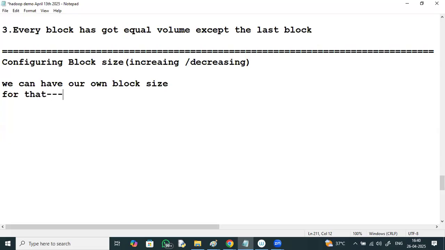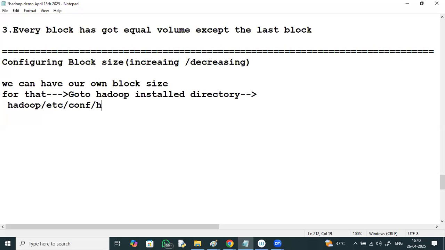For that, go to the Hadoop install directory, then etc/conf/hdfs-site.xml. Open this; it will be an empty file.